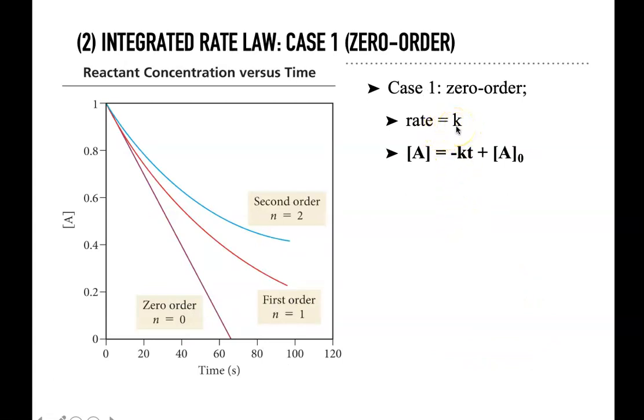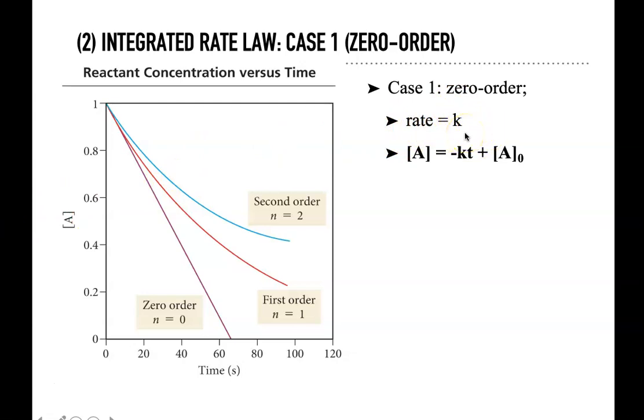The rate is just k. So the rate is negative dA over dt, the instantaneous rate. As you saw before, this is represented as negative d of the molarity of A over dt, and this is a constant.